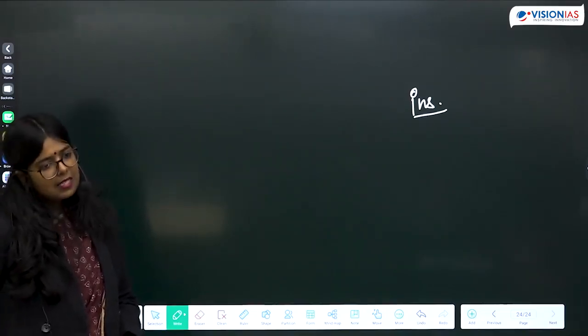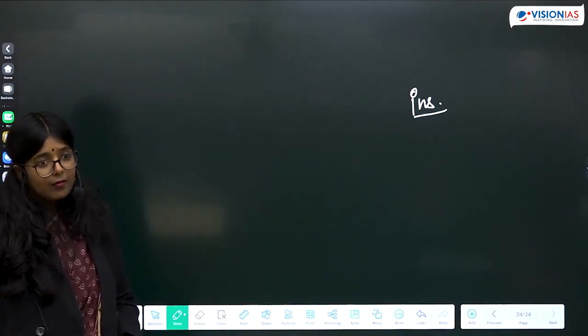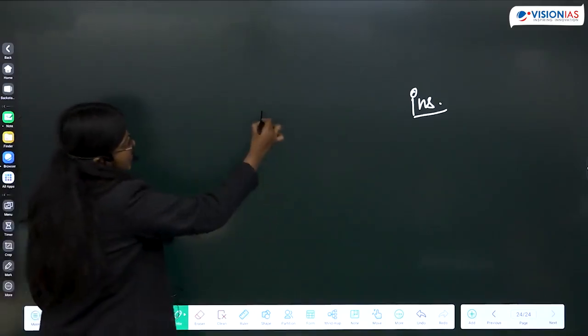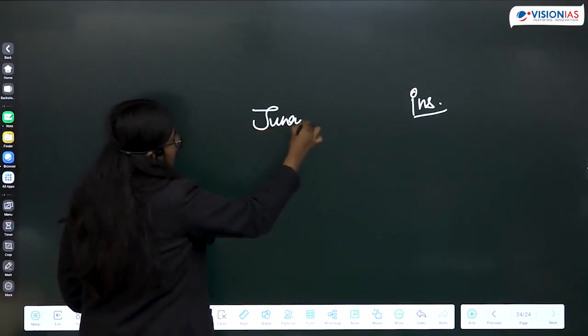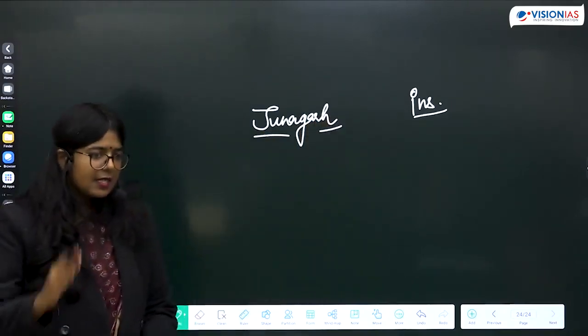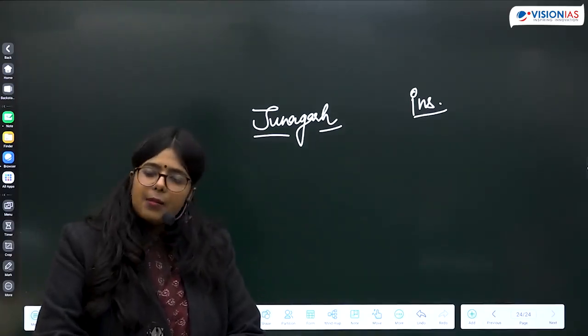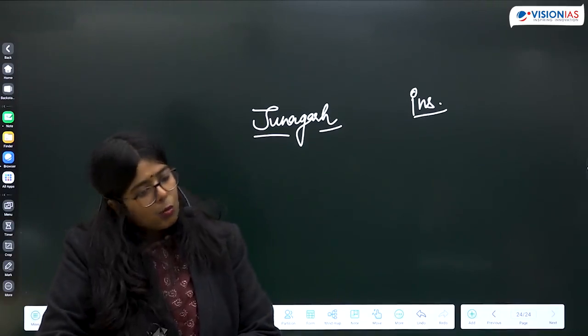Which inscription tells us about that? The Junagadh inscription of Rudradaman. It is not a Mauryan inscription; it is an inscription from the post-Mauryan period. What does it tell us?